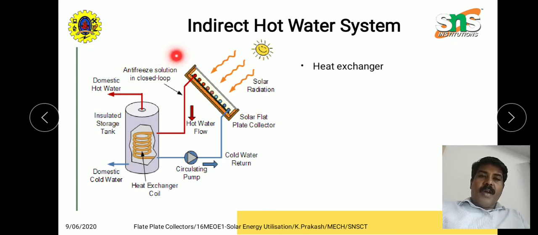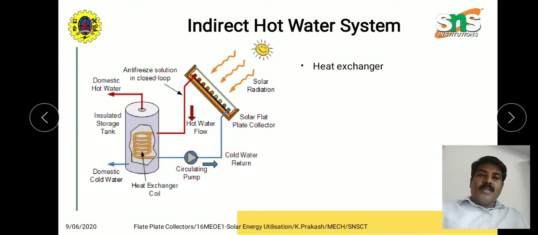Here we are using an antifreeze solution in the closed loop. The cold water that comes here is heated and becomes hot water, and in the heat exchanger it loses all its heat and is again converted into cold water.